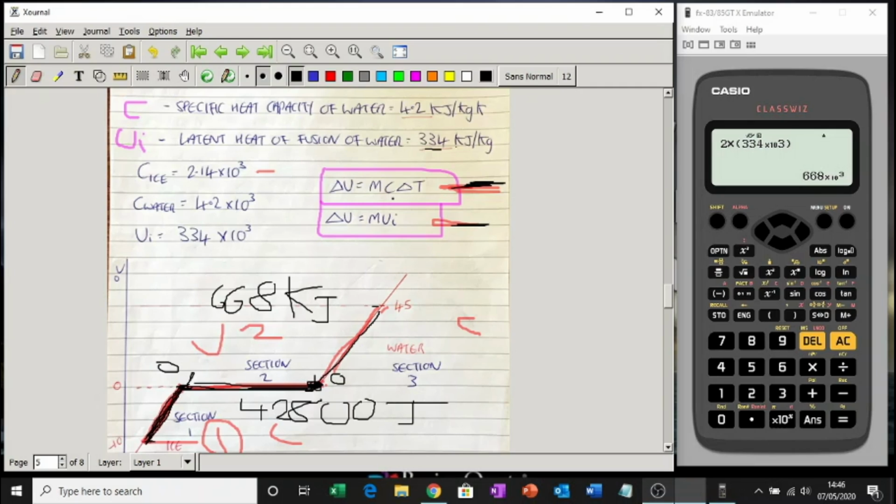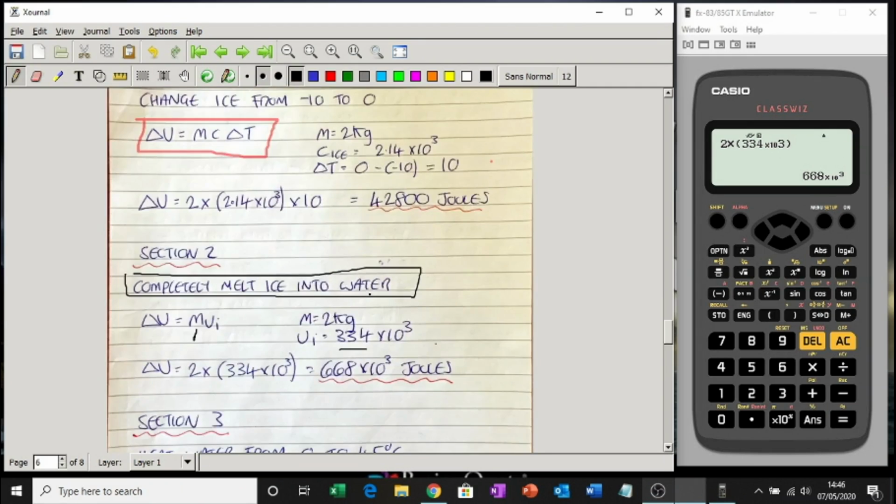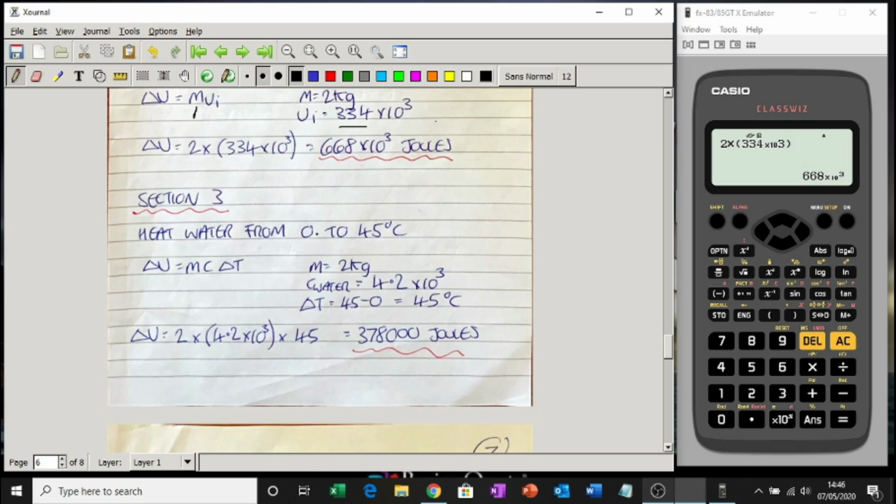The specific heat capacity of water, because now it's within this water section, is 4.2 kilo. So section 3, 0 to 45, same formula. There's your mass, there's your C value, change in temperature.